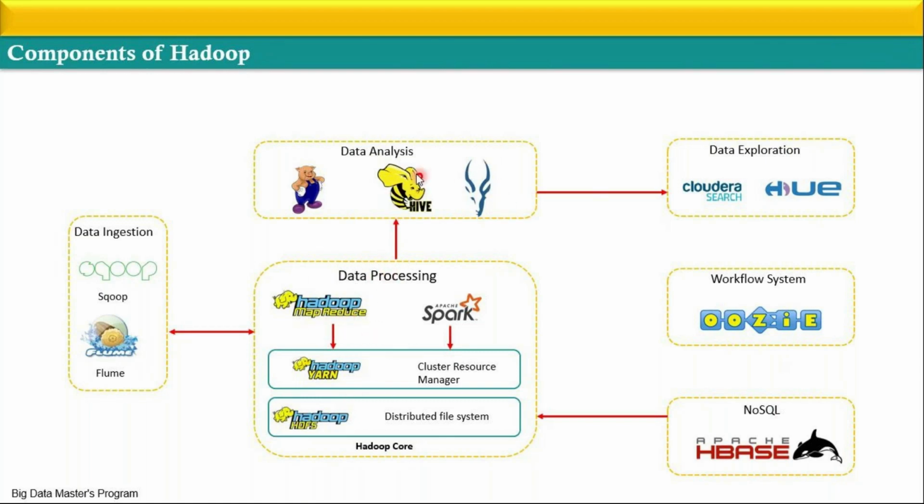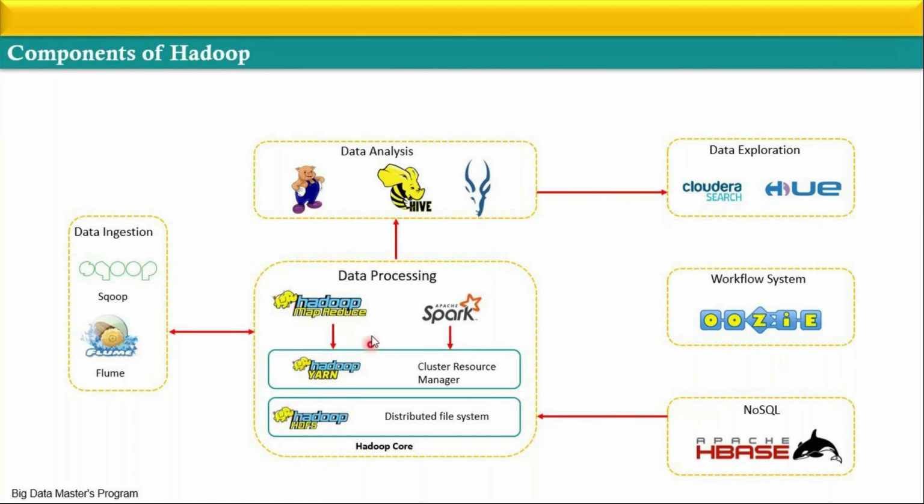We have Hive, so we will have hive-site.xml. We have HBase, so we will have hbase-site.xml. Sqoop, sqoop-site.xml, flume-site.xml. So with respect to each and every tool, we will be having different configuration files.